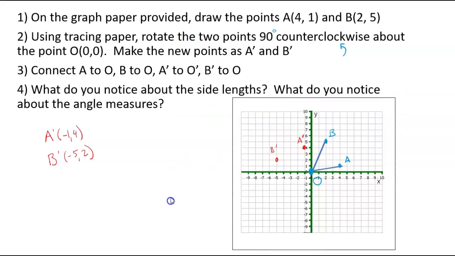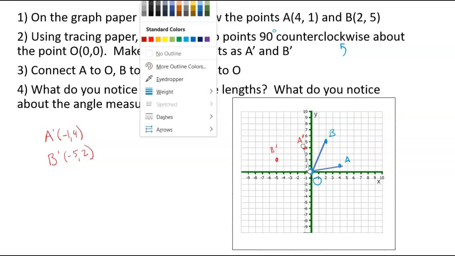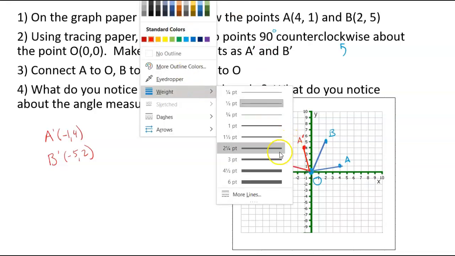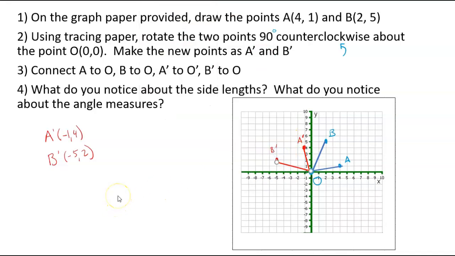And one more. I'm going to change my color too, so let's make that red, thicker. And again, I'll change that to red and thicker. Okay, so we have made our points, we've traced it, and we've connected them.